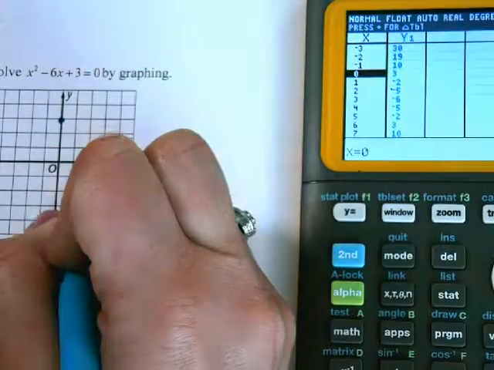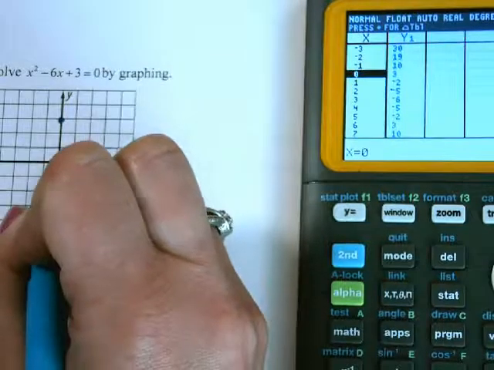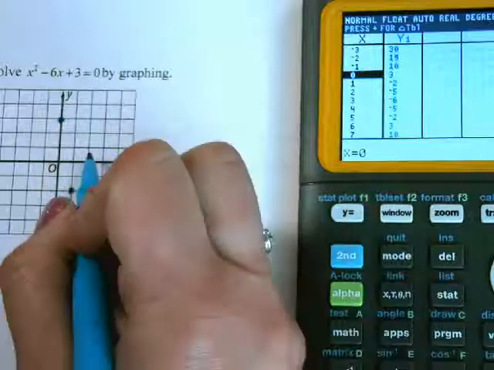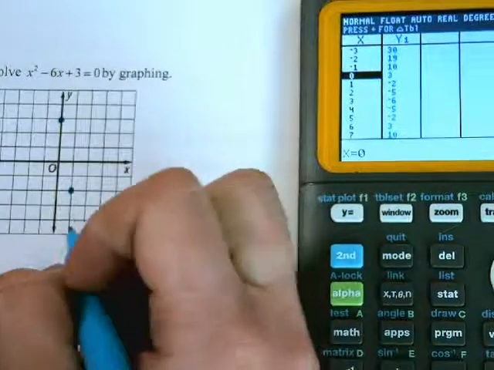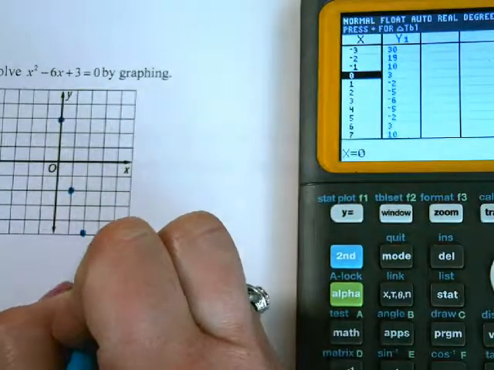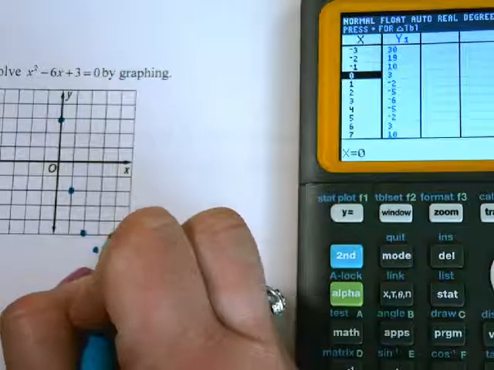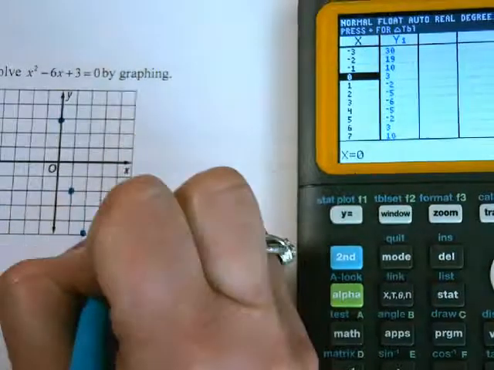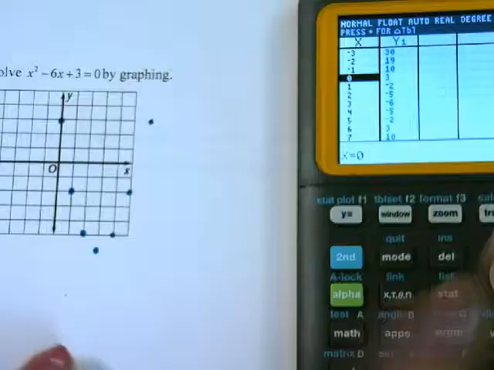At 1, I'm at negative 2. At 2, I'm at negative 5. At 3, I'm at negative 6. At 4, I'm at negative 5. At 5, I'm at negative 2. At 6, I need to fix that graph.